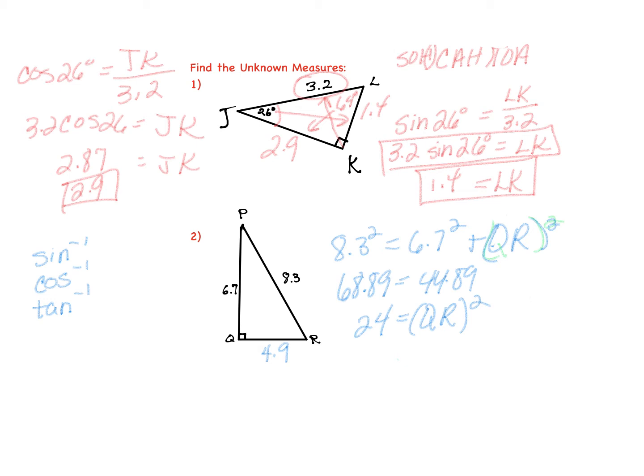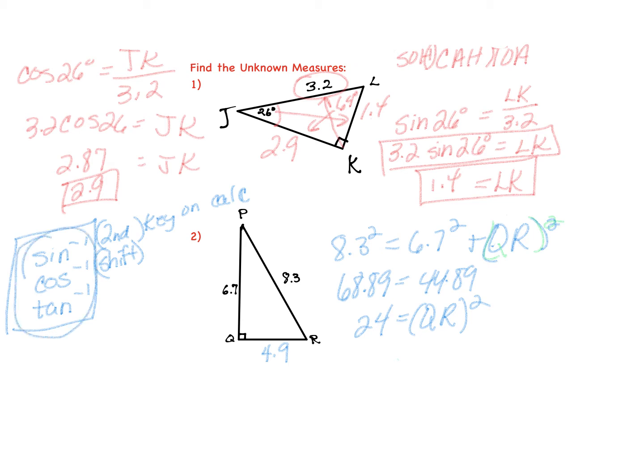So if you recall, those are the inverses. You find those using the second key on your calculator, or for some of you it might be a shift key. I saw a calculator the other day that used the shift key to get to these inverse numbers.